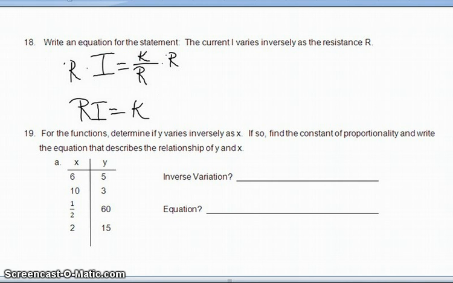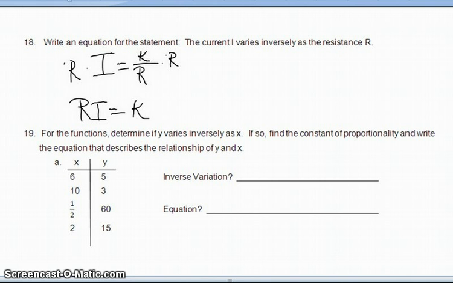So, how do you suppose we do number 19? For the functions, determine if y varies inversely as x. If so, what's the constant? And then write the equation. So we're going to do the same process that we did when we were looking at direct variation. We're going to see if our constant of proportionality remains consistent.